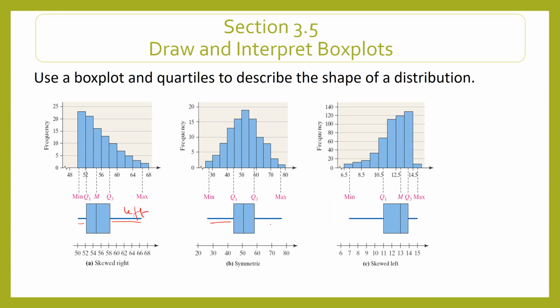And this is almost evenly distributed, so this is bell shaped, which is symmetric. And this is longer to the right, and this is longer to the left. So skewed to the left and skewed to the right. That immediately can tell us what the shape of the distribution is.